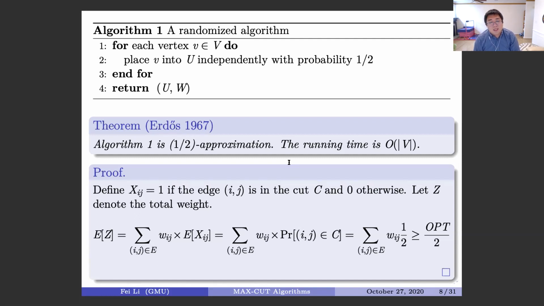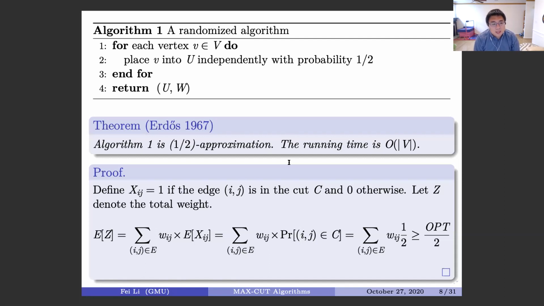Even though we have no idea what the optimal solution for this max cut problem is, we just blindly, randomly assign the vertices into these two sets. For each vertex V, we place V into U independently with probability a half. Then we return the two sets U and W. This is the simple randomized algorithm.